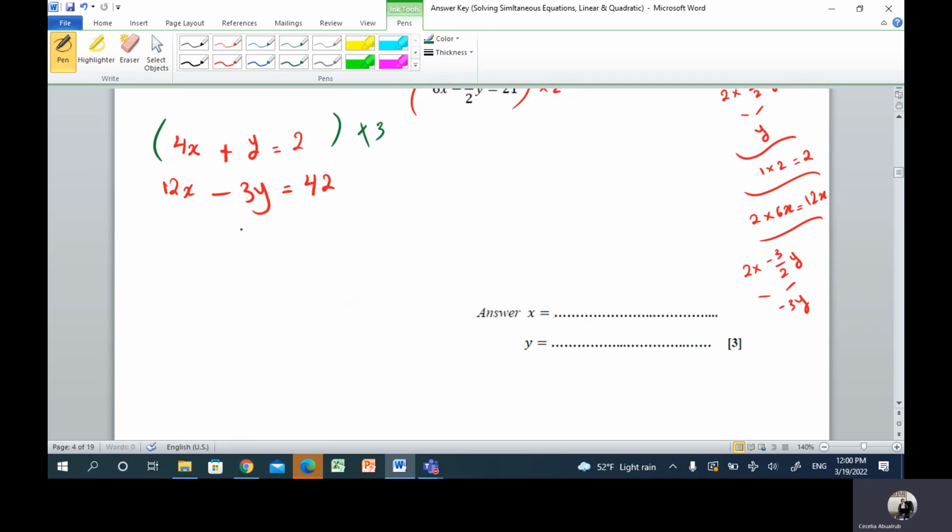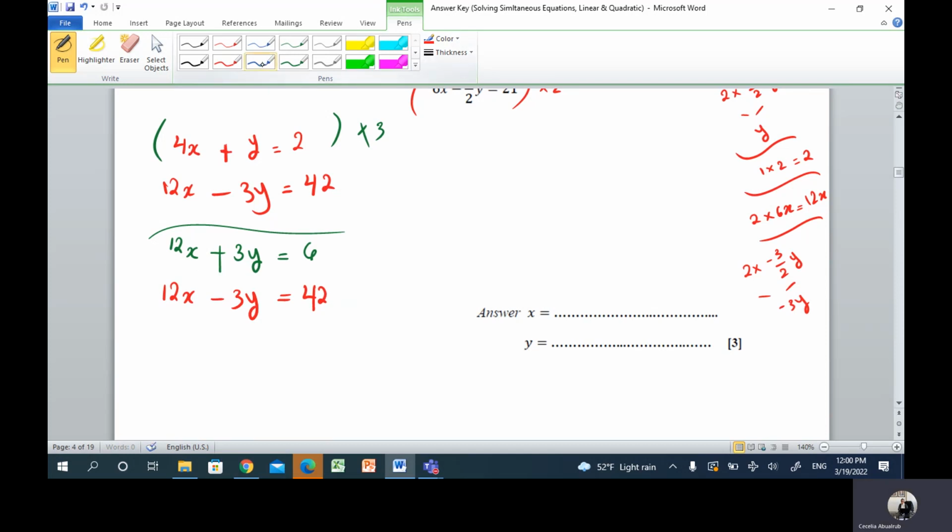How do I do that? By multiplying the first equation by 3. So I will have 3 times 4x, 12x. 3 times positive y, it will come down to plus 3y. 3 times 2, it's 6. And the second equation will remain the exact same. 12x minus 3y is equal to 42.